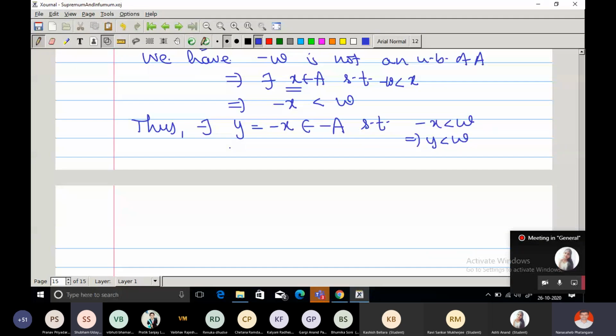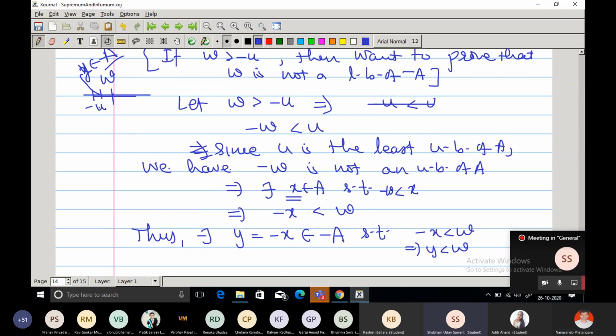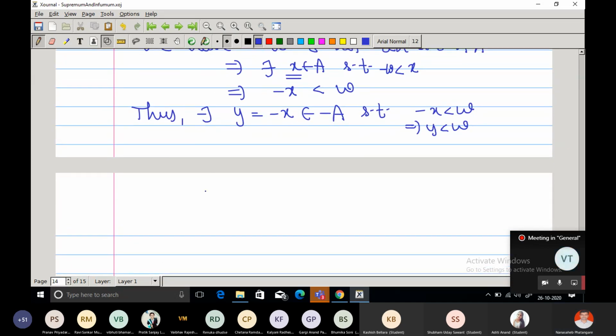The conclusion is if you select any element greater than minus U, you can immediately produce an element in minus A which is less than W. Hence, W is not a lower bound of minus A, and therefore minus U is the greatest.